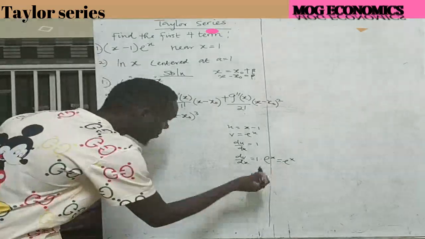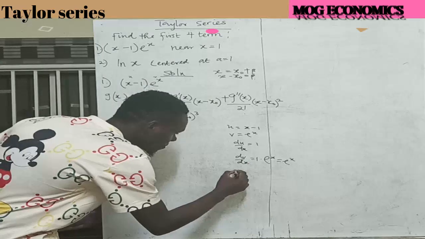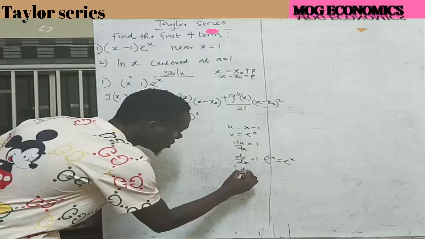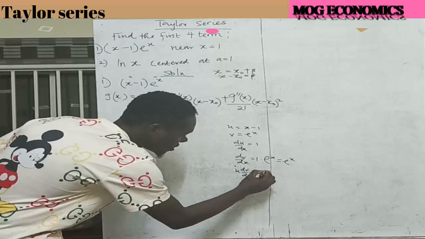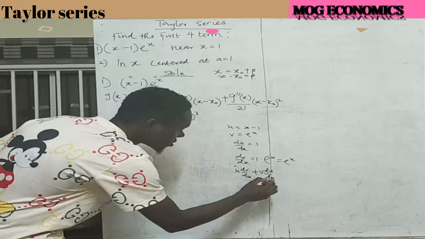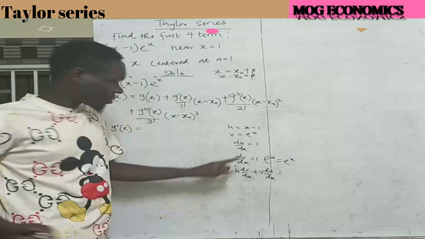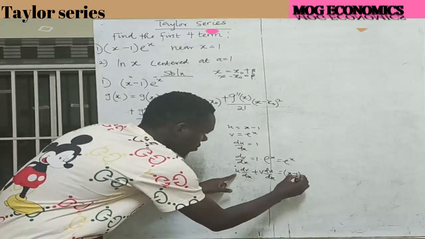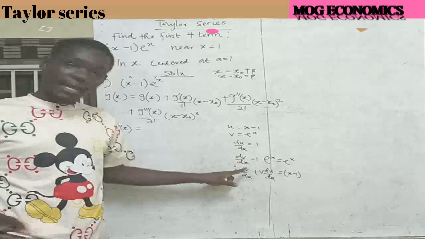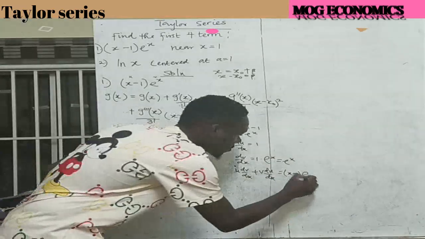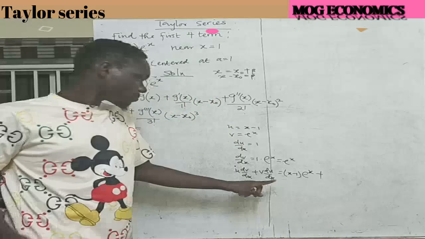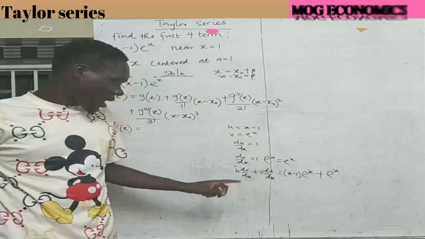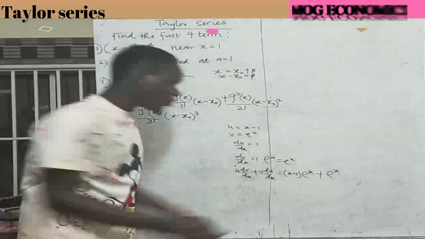Now applying the formula, we have u dv dx plus v du dx. In that case, our u is x minus 1, and our dv dx is e to the power of x, then plus our v, which is e raised to the power of x, and our du dx is 1.